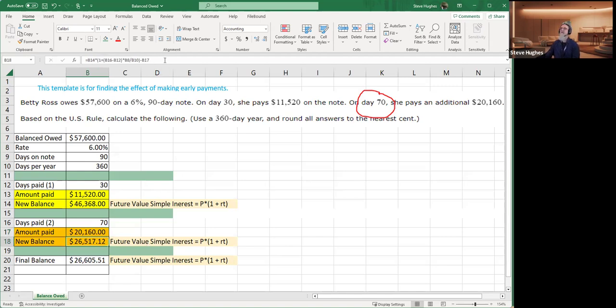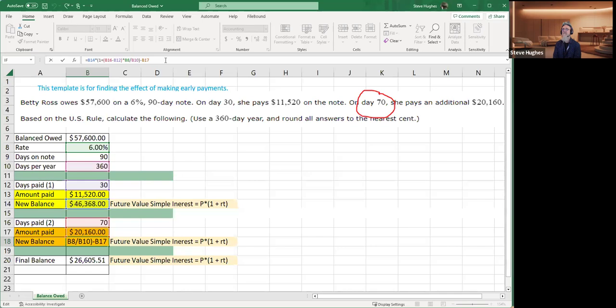So let's look at our formula again. We have the balance at that time, which is the principal on that day of 46,000. That's in B14. I multiply that times 1 plus, check that out, everybody, I did B16 minus B12. I paid it on the 70th day. The balance was from the 30th day. So the difference between the two is the time for this new future value.